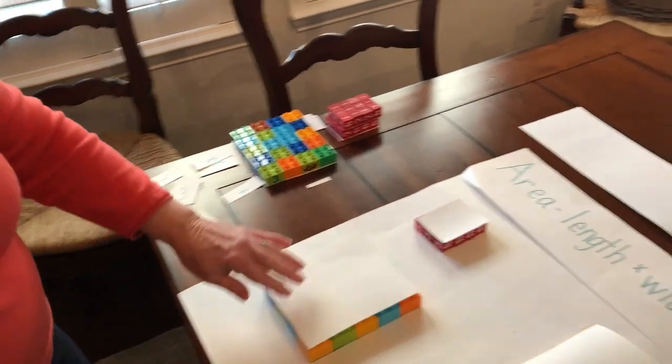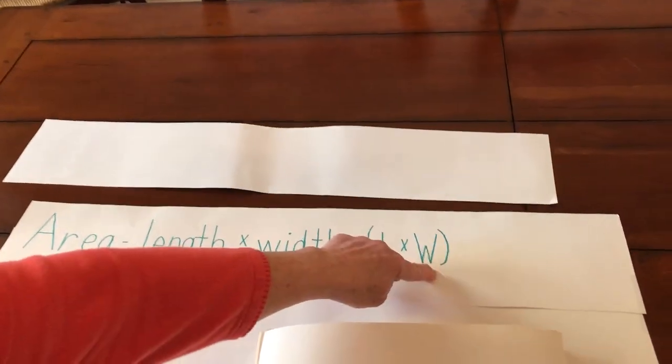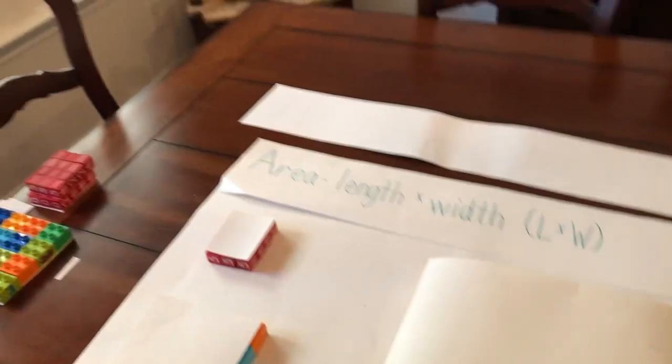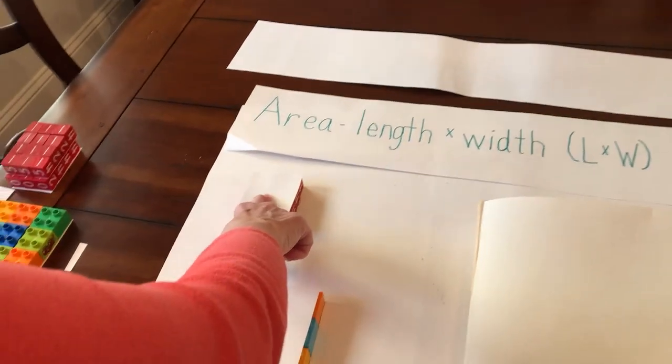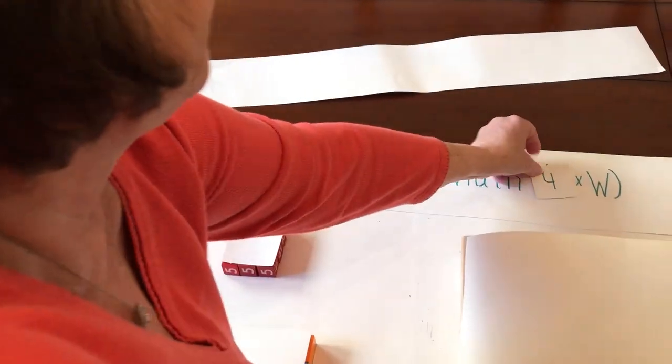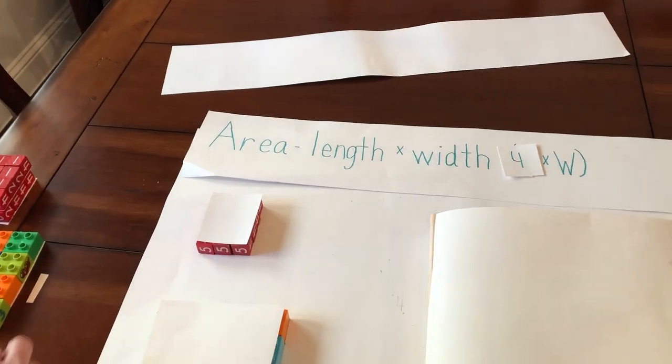So our formula, remember, is the length times the width. So you told me earlier that this was 4. Lost my 4. There it is. The length was 4. And you told me that the width was 3.